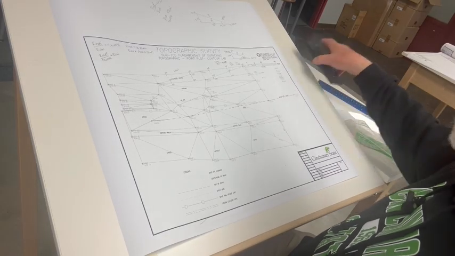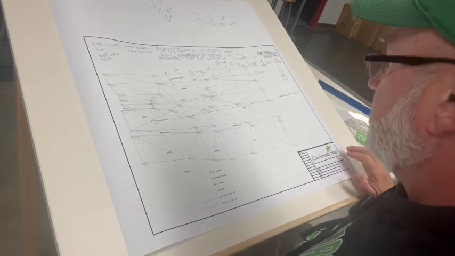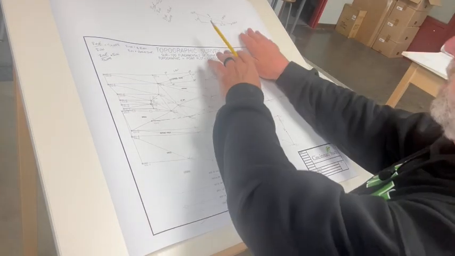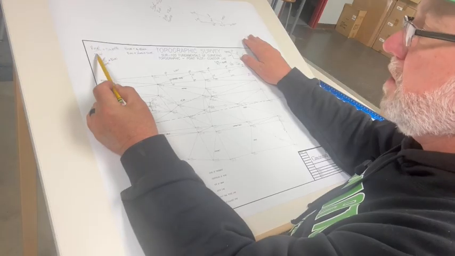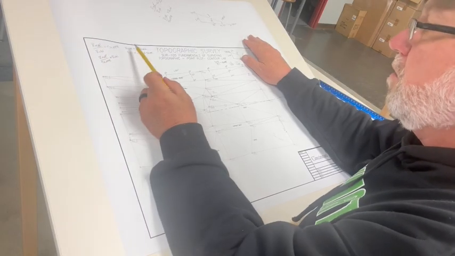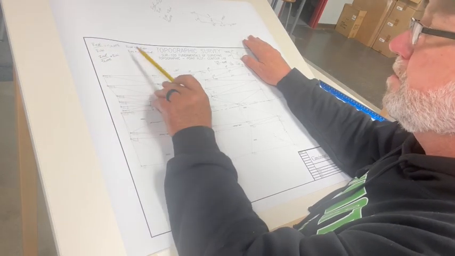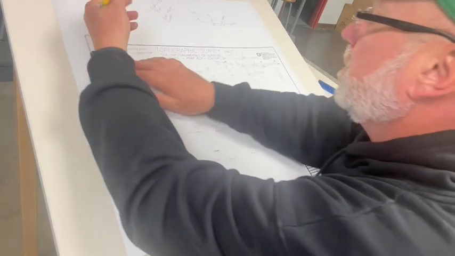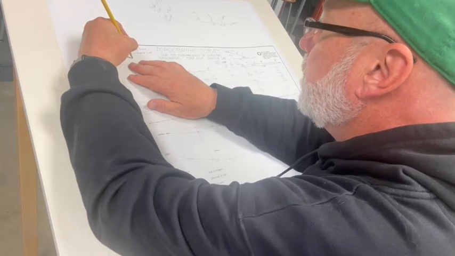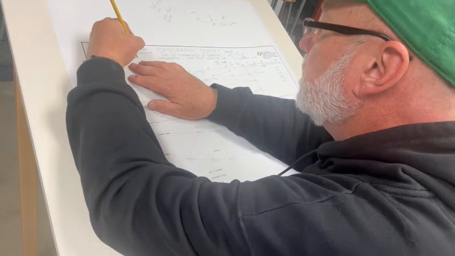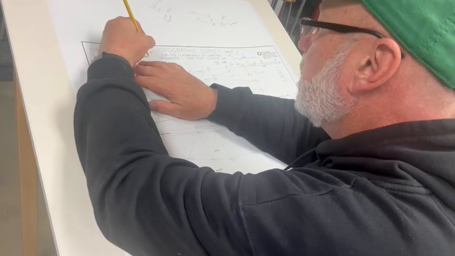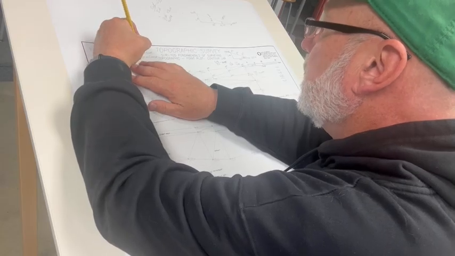I'm not going to do the whole thing and bore you with a whole couple hour long video, but this is getting started. Again, remember your calculation here: rise over run equals slope. Rise being your change in elevation, run being the horizontal distance. Slope is the rate of change in elevation.